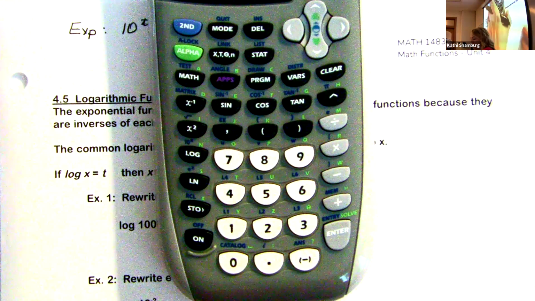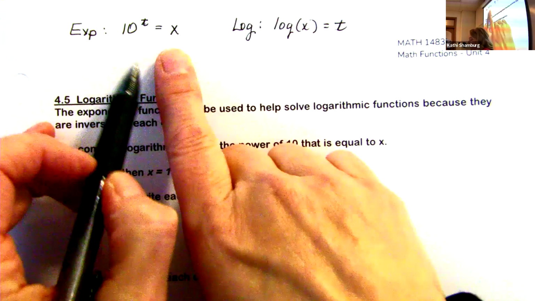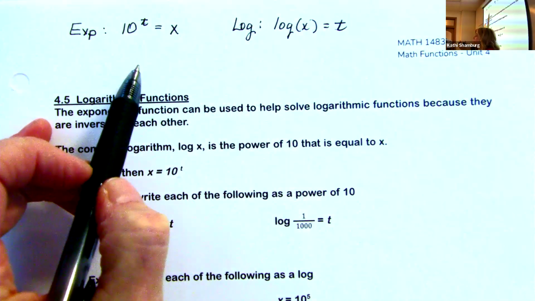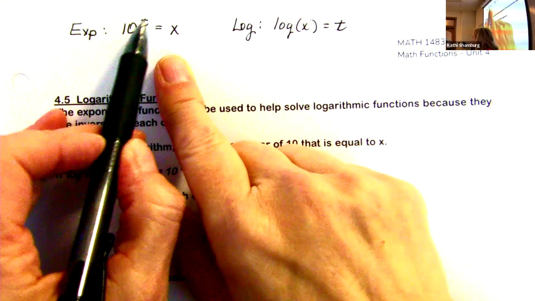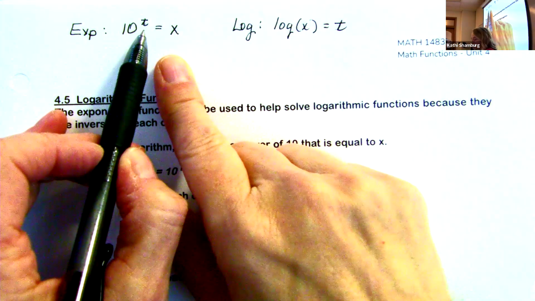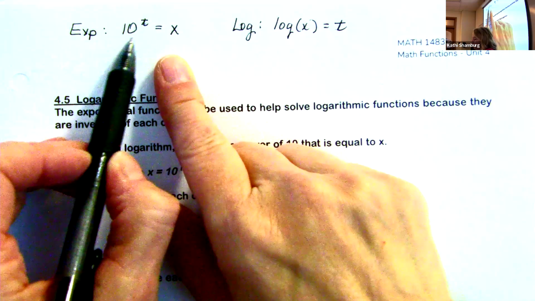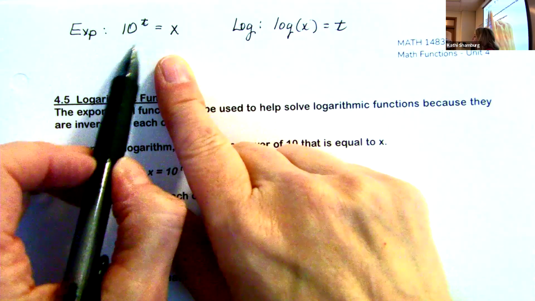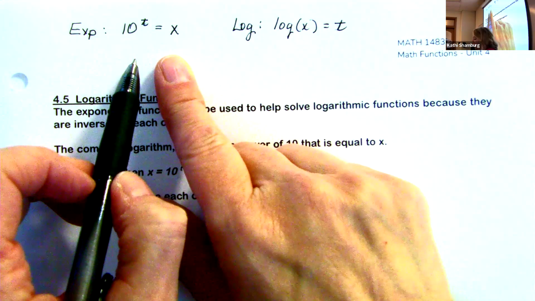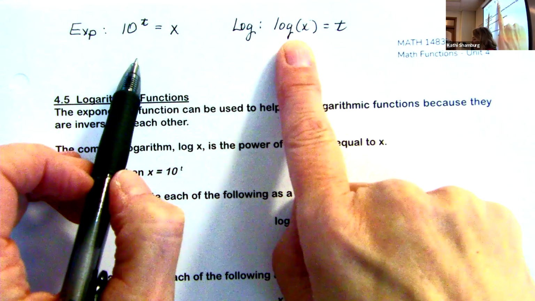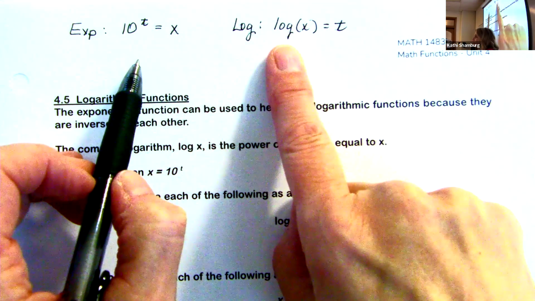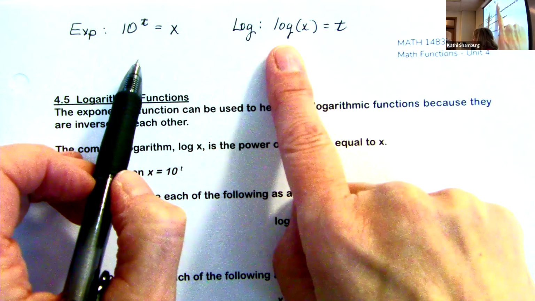Okay, well, let's talk about our exponential equation, just what the math language is in this. We know t is an exponent, right? What is this number 10 called? It's the base, right? This log, if it doesn't show a number down here, what is it automatically understood to be? Log base 10.